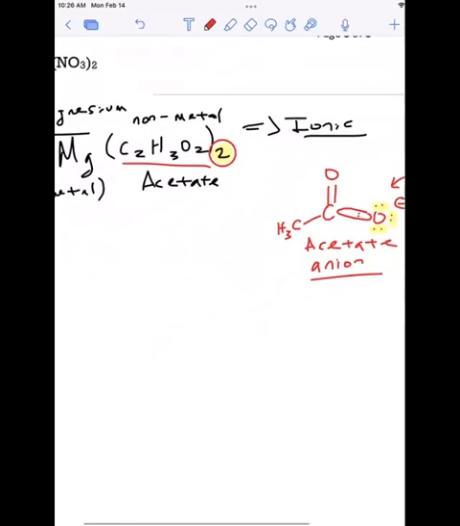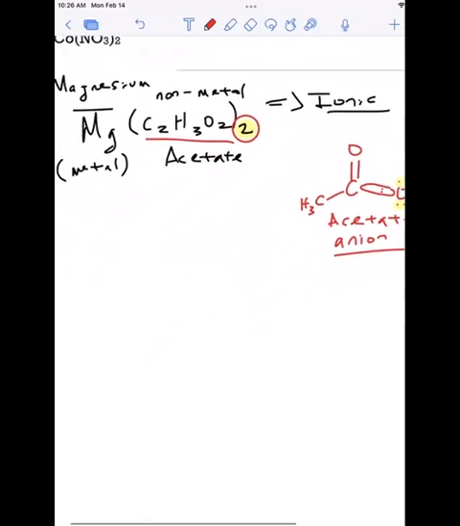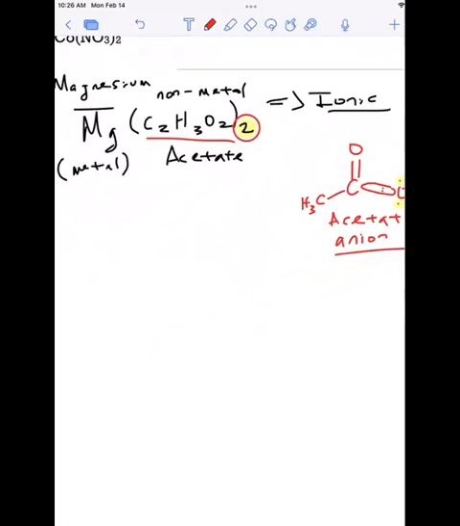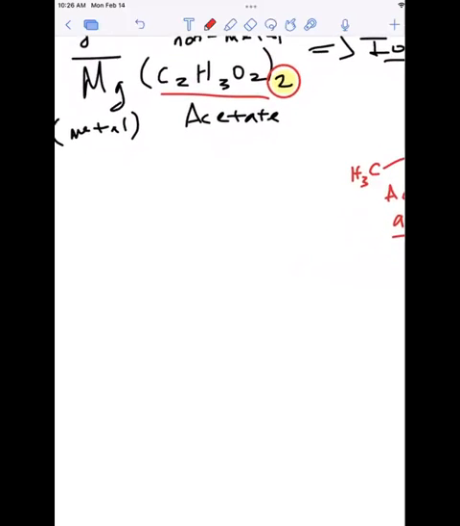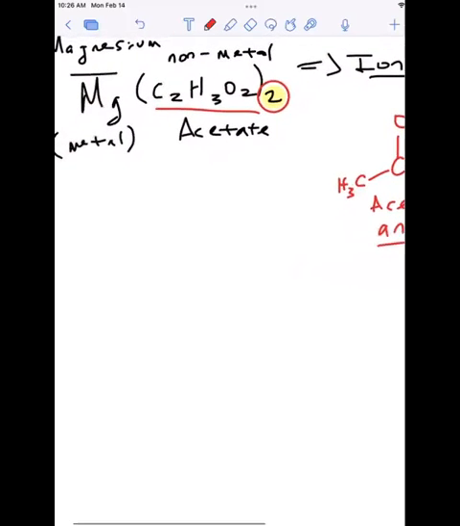So why does this have this molecular formula, Mg, and then the acetate with a subscript 2? What group is magnesium in on the periodic table? Alkaline earth metals.